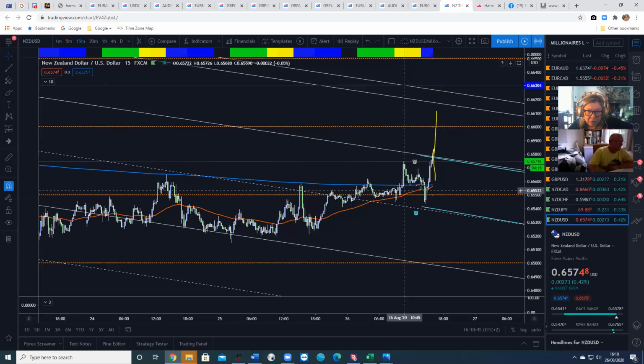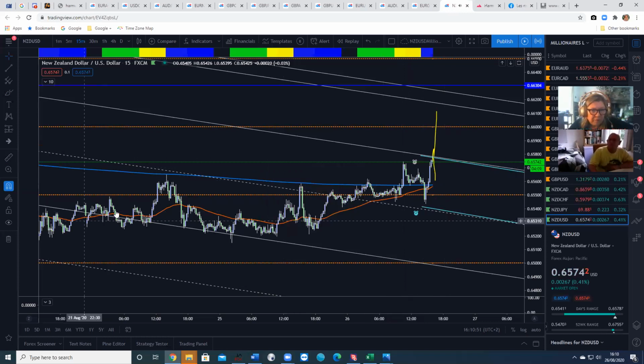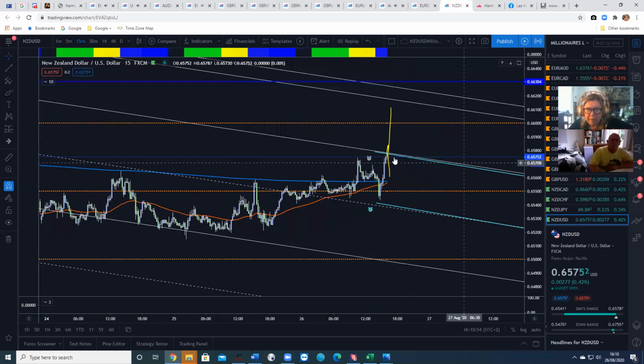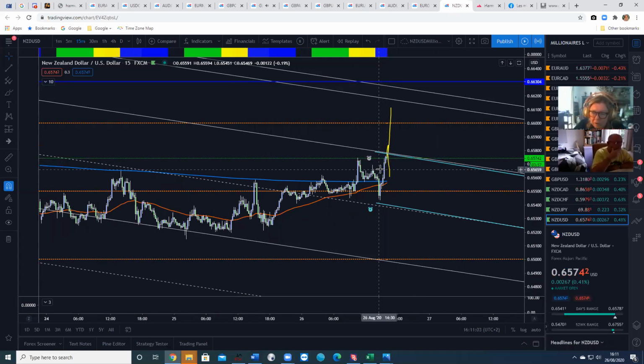And you can see that trend is now up. You can also tell from that how long it takes to do anything. It's quite a slow pair. Nothing wrong with that. Just manage your expectations about number of pips and how long it's going to take a pair like this to move, and in what session it's going to move as well.